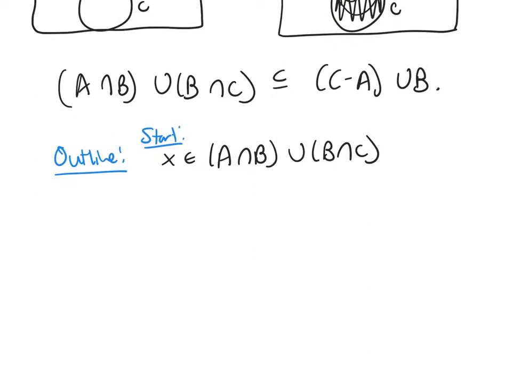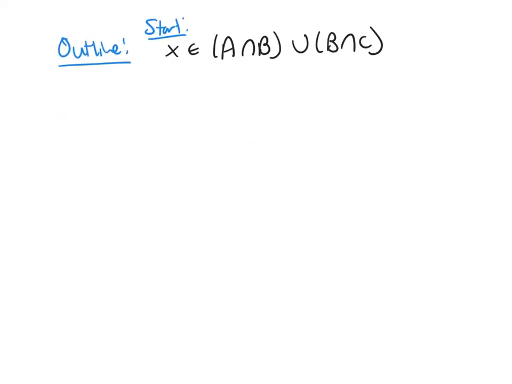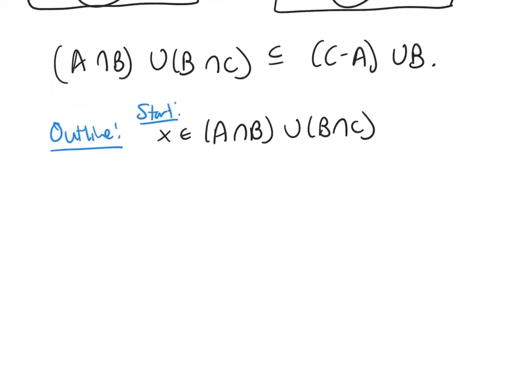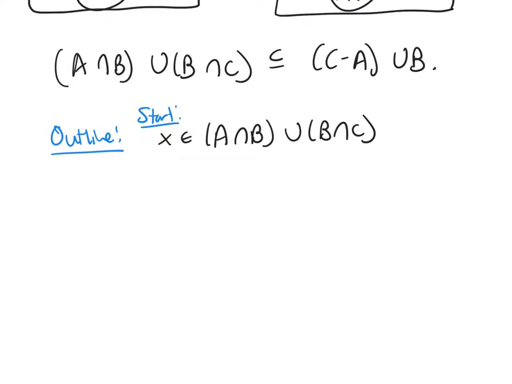I need to end with X being in C minus A union B. So the end is that X is in C minus A union B. So this means X is either in C minus A or X is in B. So that's what I'm trying to work to, and we're going to work forward now.